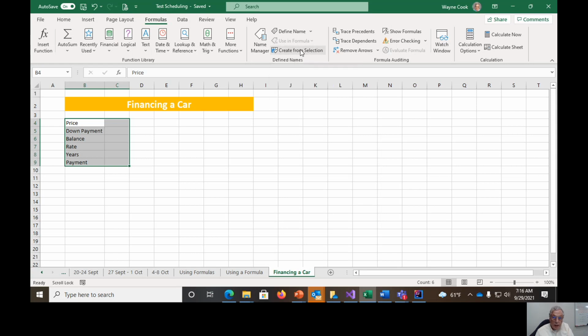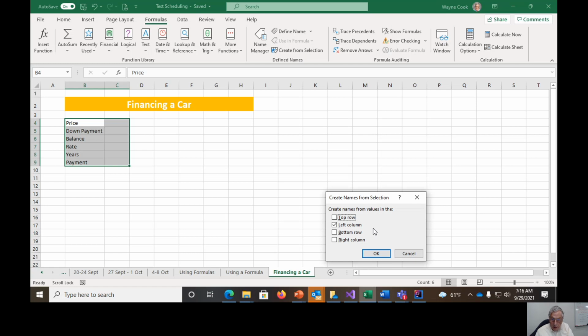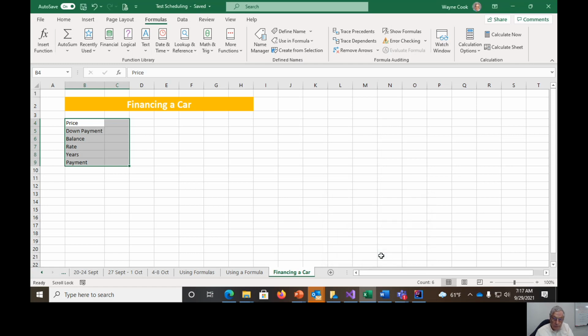So I'm in the define names area. So I'll come from the left column. Then if you'll notice, each of these now has in the name box a name associated with it, which makes the formulas a lot clearer.